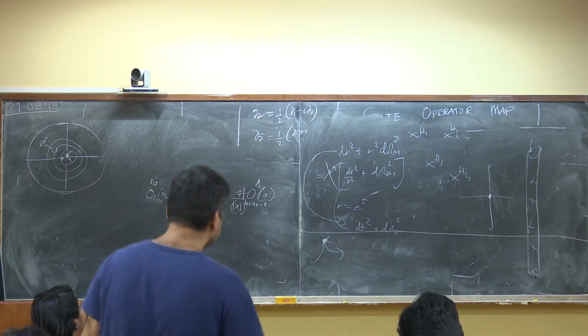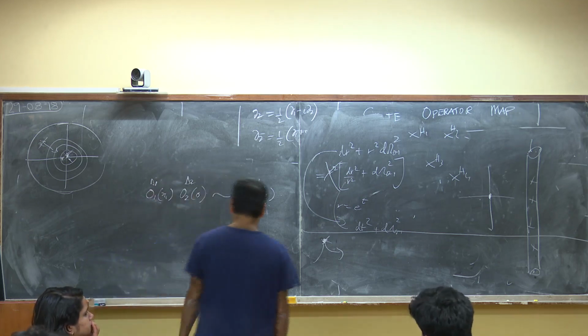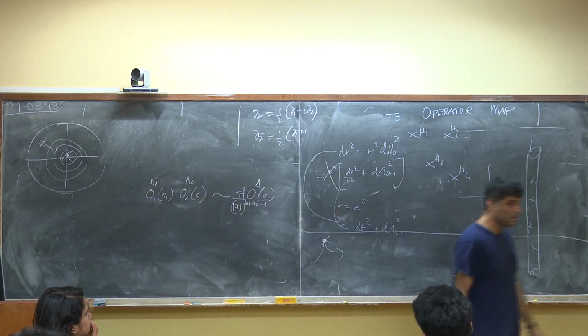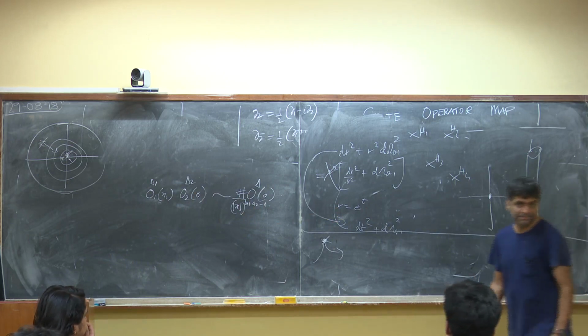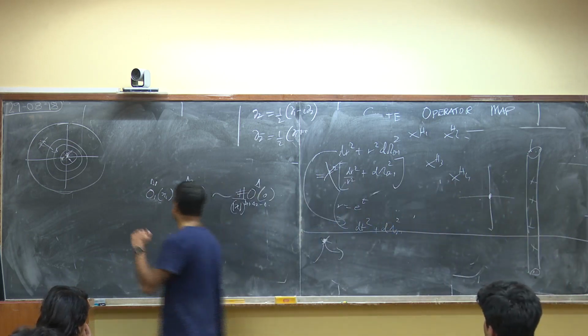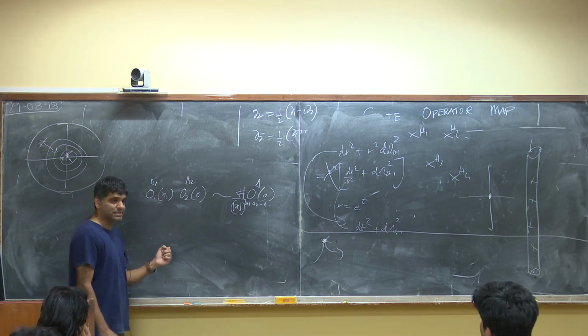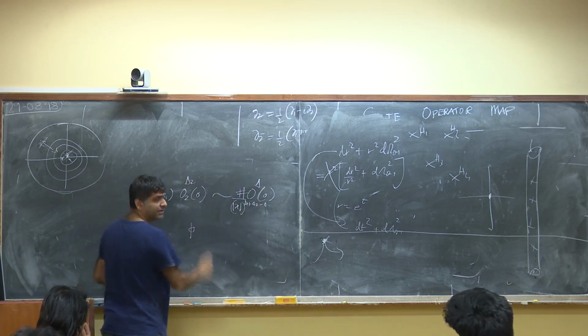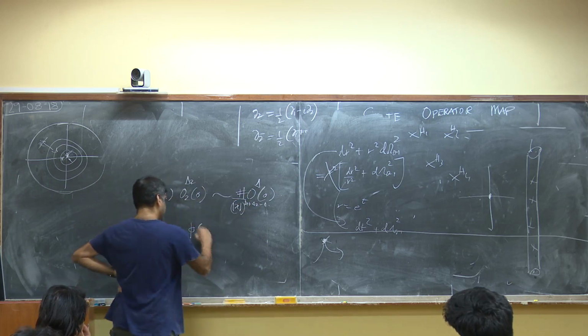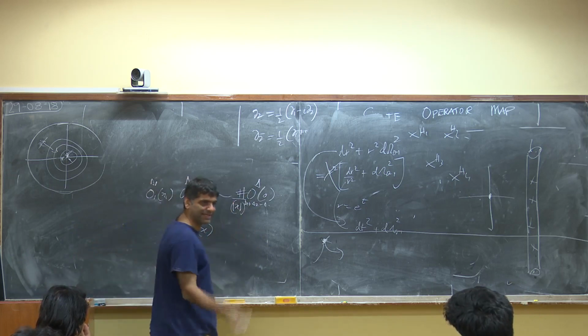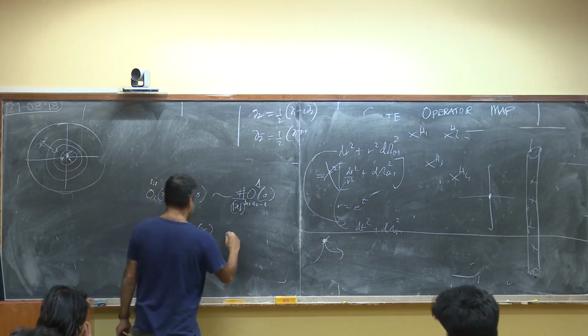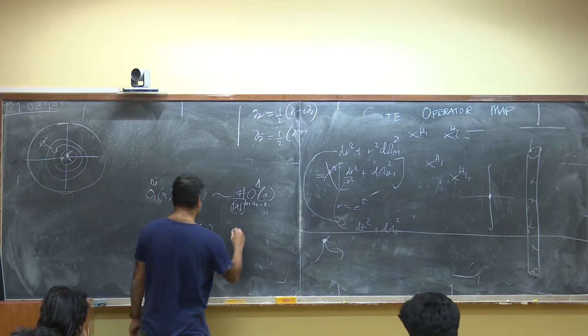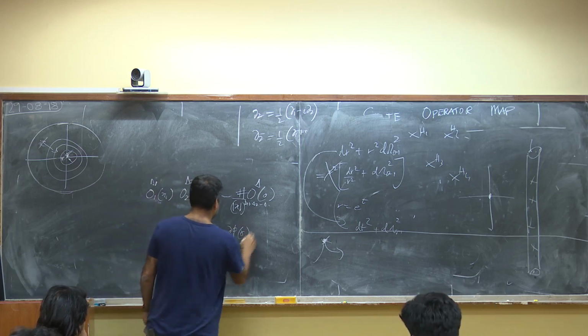Clear? This is not a Taylor expansion. It's for instance, when you take a free theory, so you take phi of x, and let's take del phi of x and del phi of 0.